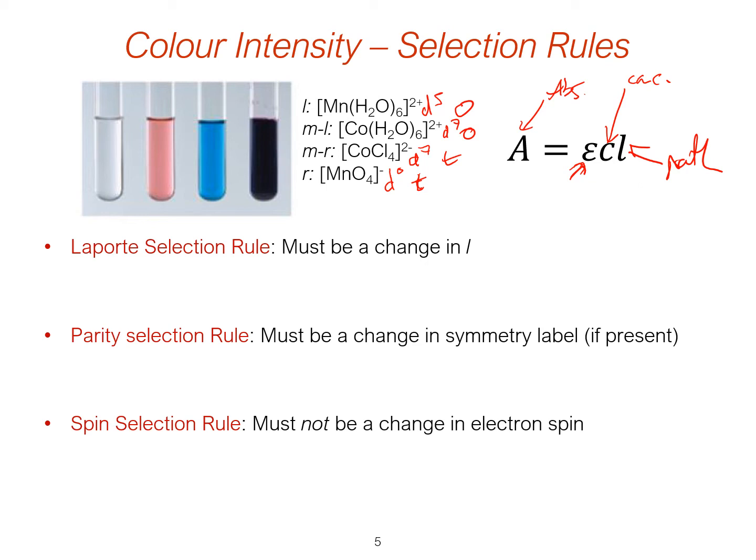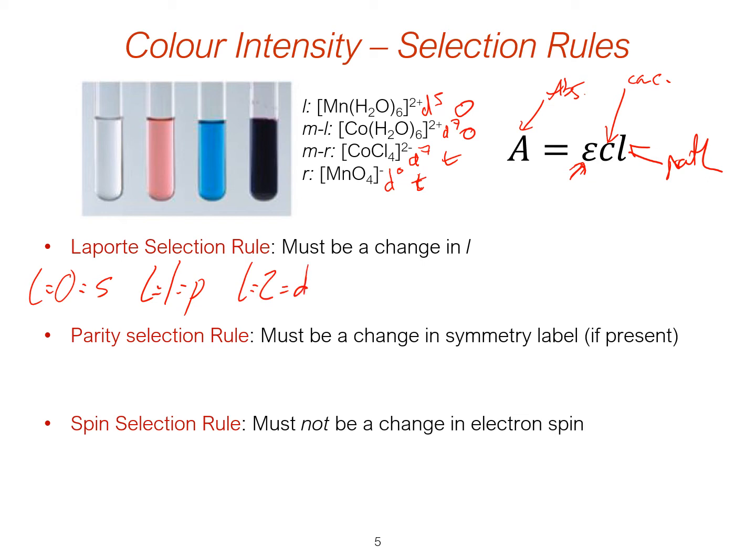So the first one is the Laporte selection rule, and this says that there must be a change in l. Now l is the quantum number that dictates what orbital we're in, if you remember. So l equals 0 is an s orbital, l equals 1 is a p orbital, and l equals 2 is a d orbital.